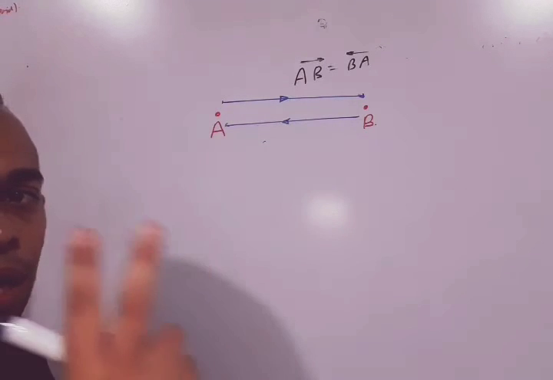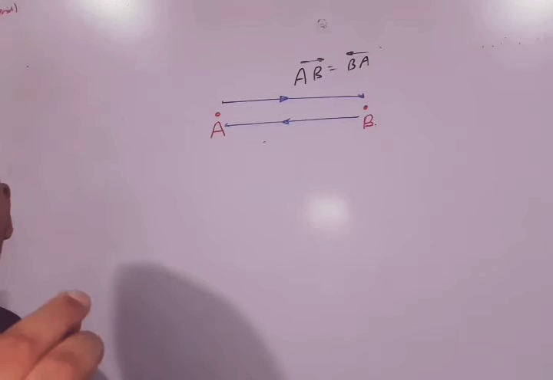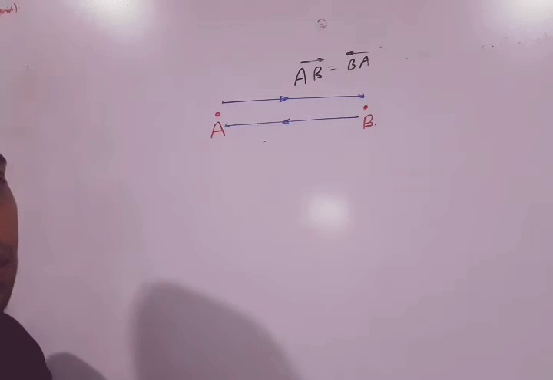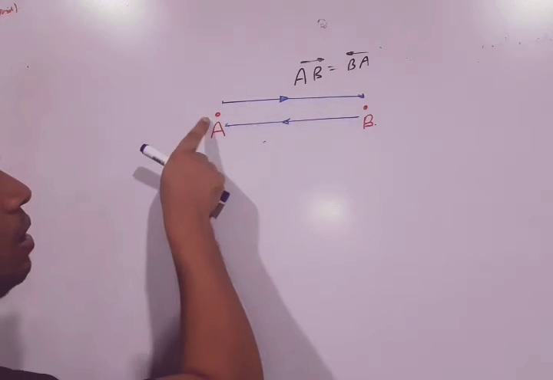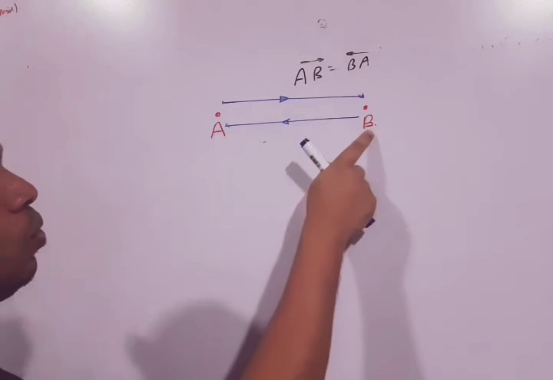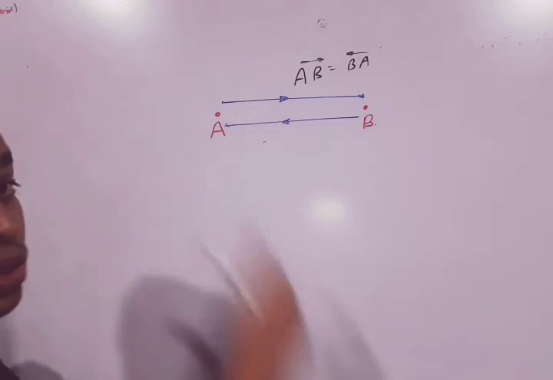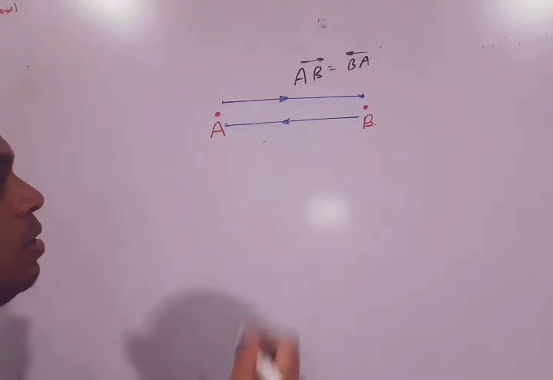You have to have at least 2 points to represent a displacement. Otherwise it is meaningless to talk about displacement. So it is always relative to a point. Suppose you are standing at A and you want to describe the displacement of B with respect to you. How do you perceive the displacement of B, right?